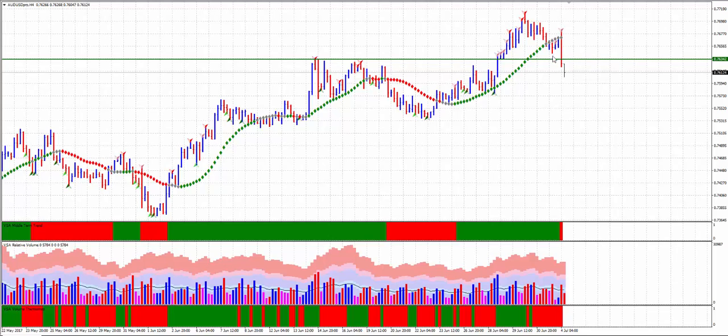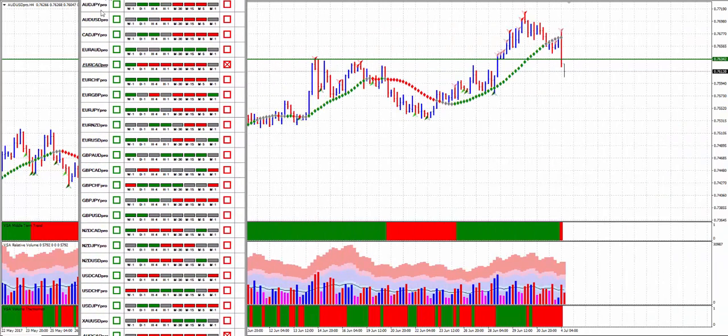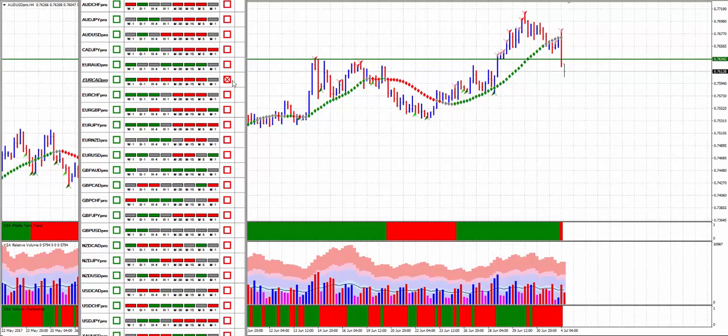I did mention that if we started to see signs of strength at this level, then we'd look to take long trades. But at this stage, we are looking at shorting opportunities because the Aussie dollar across the board is bearish.